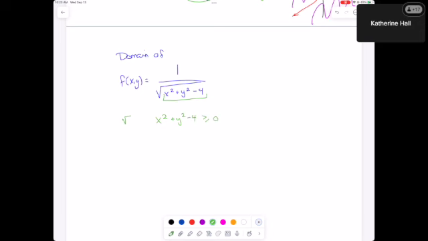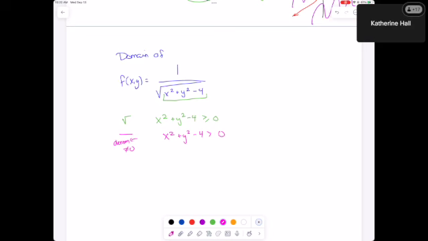That's just my first half of a step. And then I'm gonna say, oh, well, it's also on the denominator. And so therefore it can't be equal to 0. So I have to update this and say it has to be strictly greater than 0. So I get that x squared plus y squared minus 4 has to be strictly greater than 0.